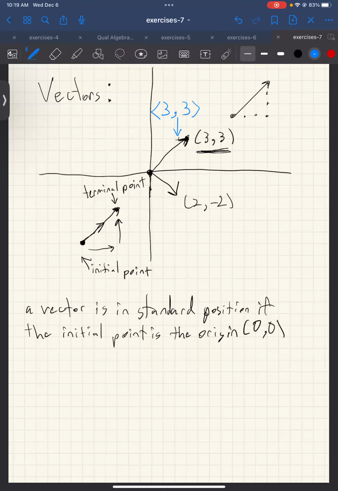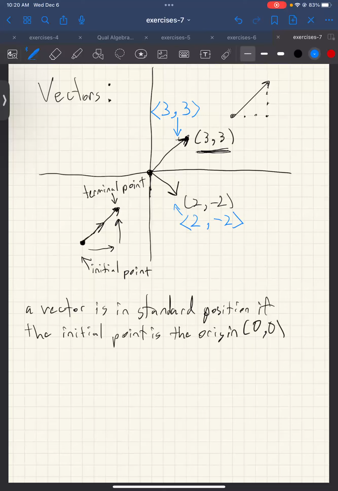When we draw it by just saying, how far do you move horizontally? How far do you move vertically? So the coordinate form or component form, I'll use the same words, of this vector would then be, well, 2, -2.